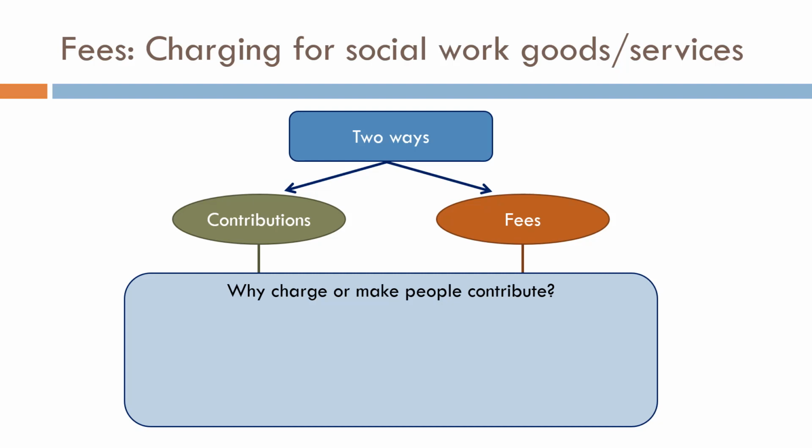Because these are usually vulnerable populations who need this help. Why are we charging or making them contribute? And the answer to that, as described in your book, is, well, if they're paying, then they're less likely to feel any type of shame or stigma. I mean, when was the last time that you saw someone who was receiving Social Security feel guilty or bad about that, right?